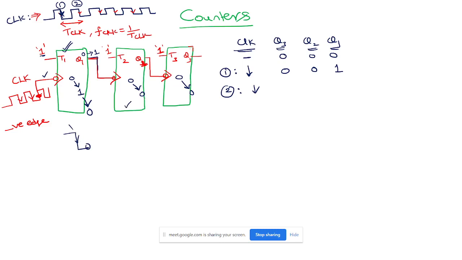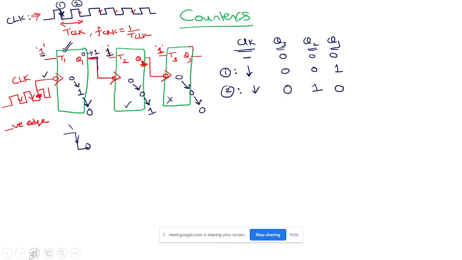The output will toggle, because you kept this in toggling mode. All the T inputs are at 1. Now 0 to 1 is a positive edge, so this will not be activated and will become 0. So Q1 is 0, Q2 is 1, Q3 is 0.